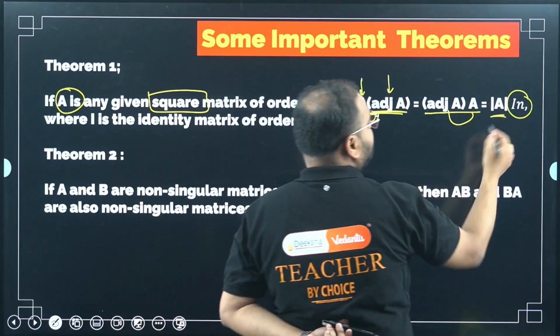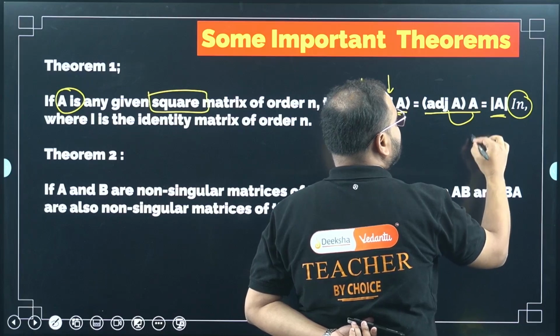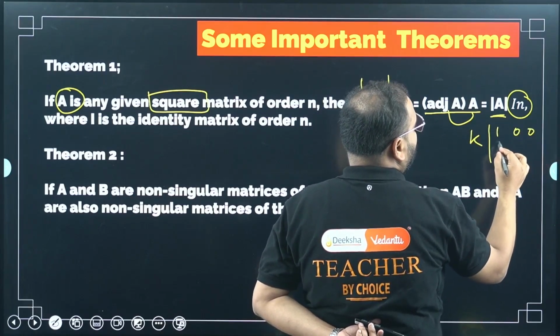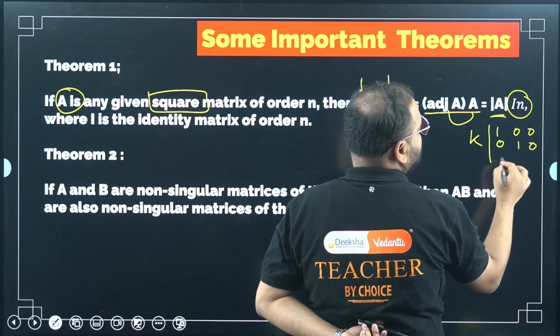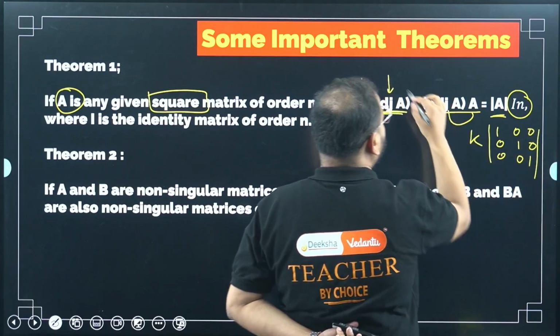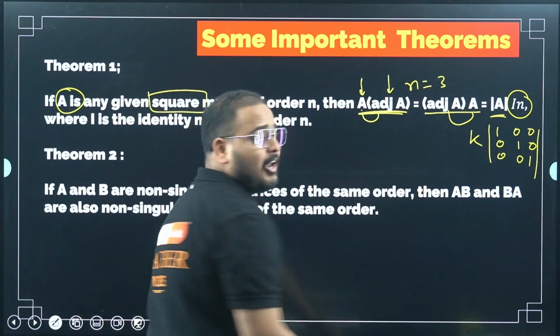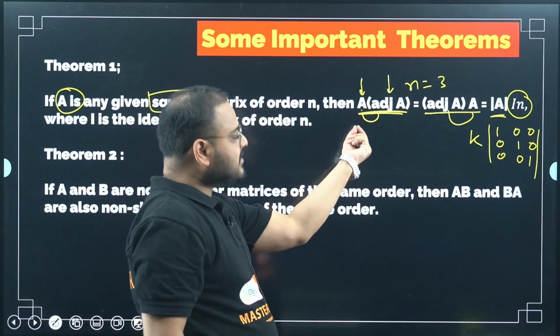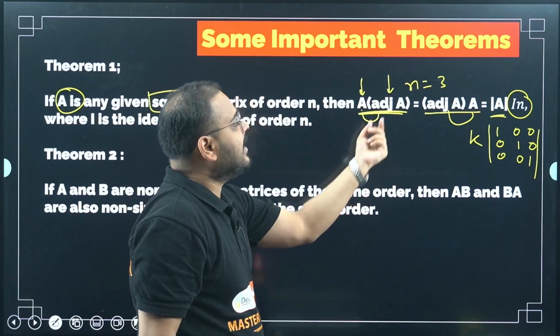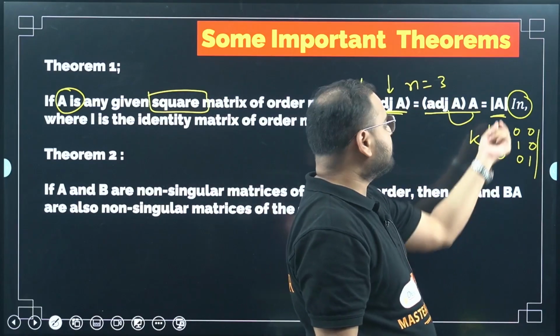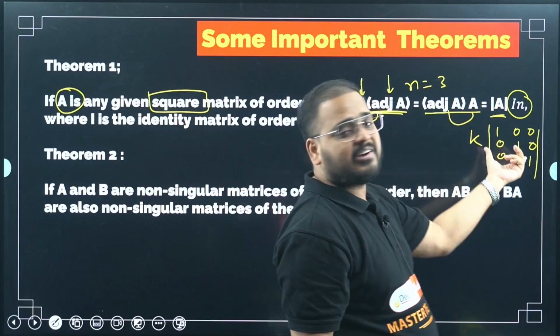So it will come as some number K times the matrix 1 0 0, 0 1 0, 0 0 1. If this is a 3 cross 3 matrix, multiplying the matrix with its adjoint in either order gives a scalar value, the determinant, multiplied with the identity matrix of the same order.